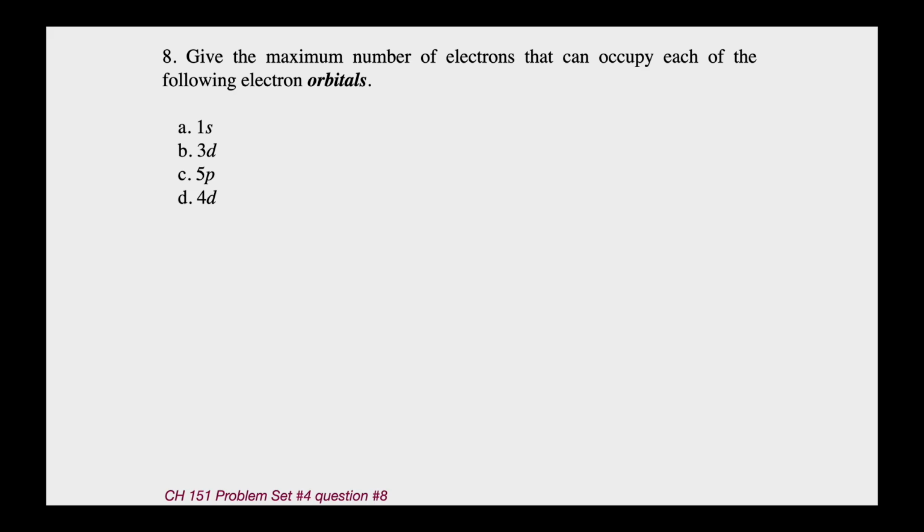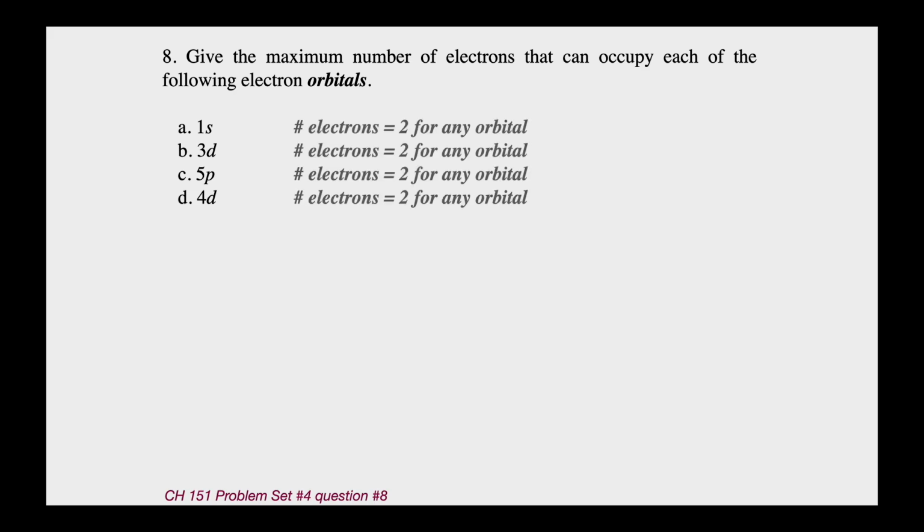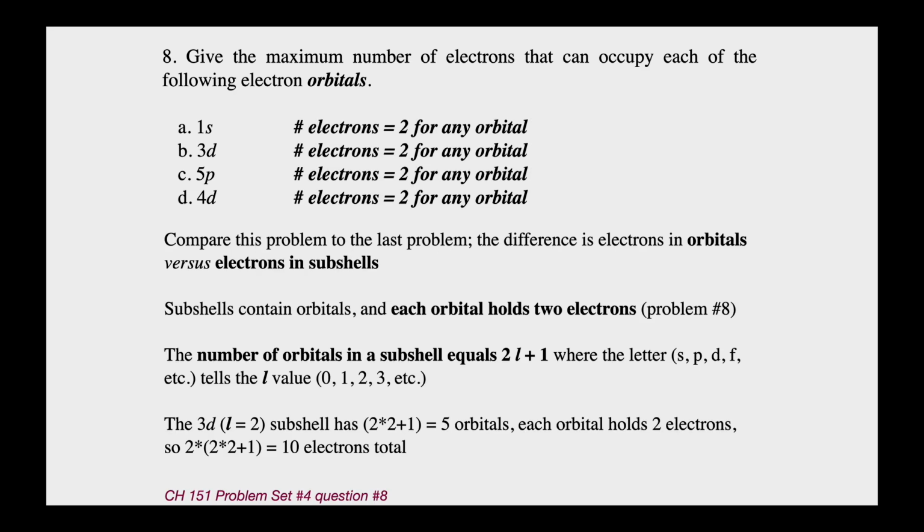So remember that a subshell is like a dorm level of a dorm room, all right? And the number of rooms is like orbitals, but you can only have 2 electrons per orbital or two people per room. So the answer for the number of electrons in an orbital is just 2. Each one of them can hold only 2 electrons, all right?